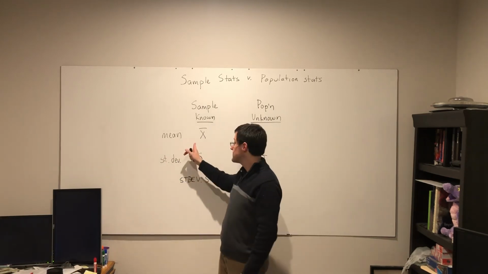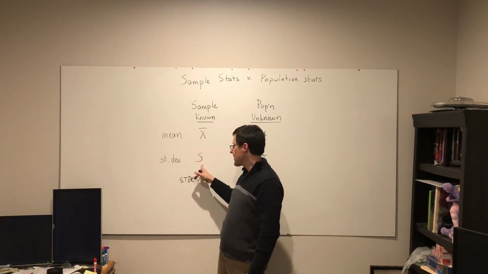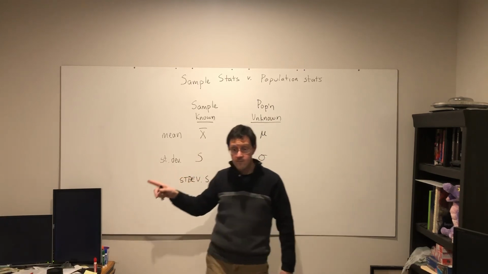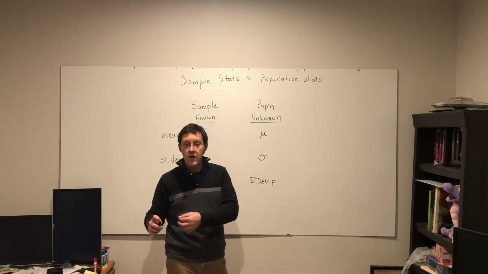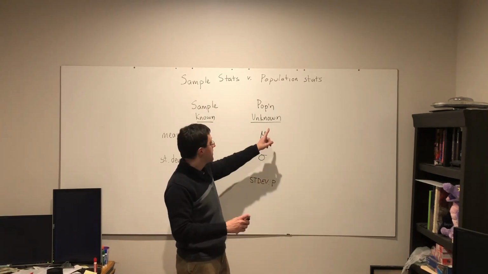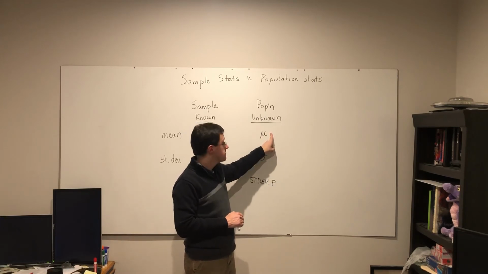I get my sample, I can get the sample mean age, and I can calculate the standard deviation of those ages. I might want to make some understanding about the population age, but I don't know that.